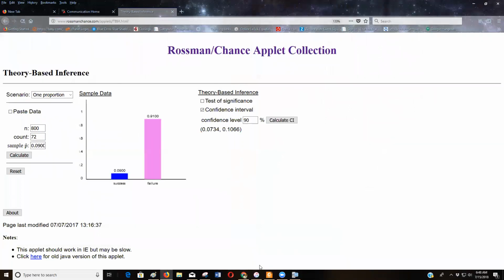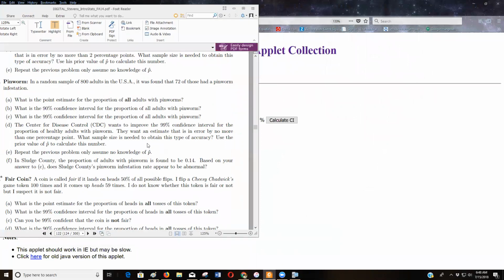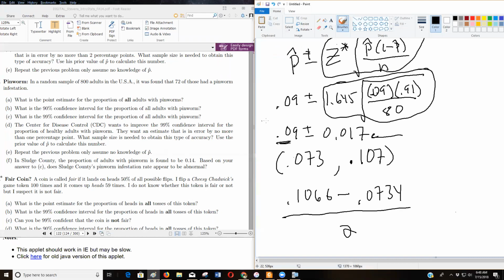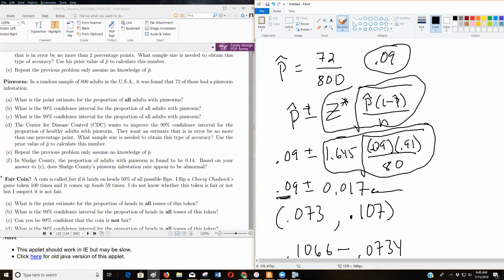What am I going to do? Let me come back to this book and let's finish it. So we did the 90%. We'll do 99%. Okay. We'll do it by hand, and we'll also use the applet. So let me come back here. I'm going to use that same setup, except what's different here.